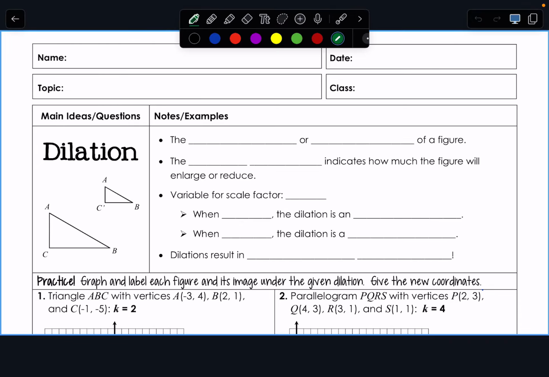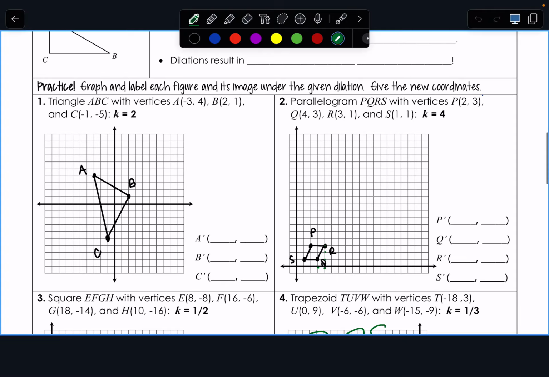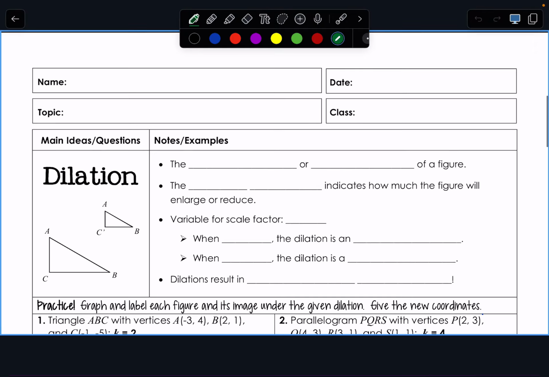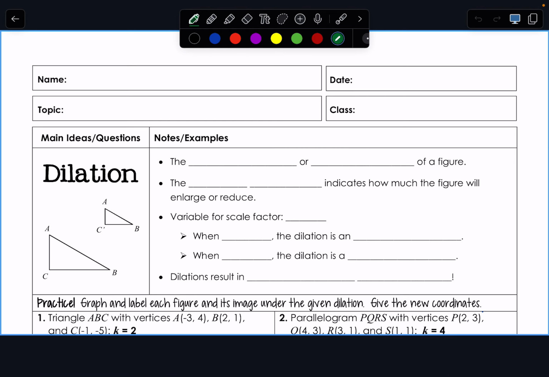Okay, today we're going to go back to the coordinate plane and talk about a dilation. Before Thanksgiving, we talked about a translation, a reflection, and a rotation.